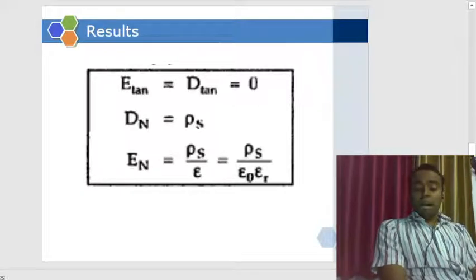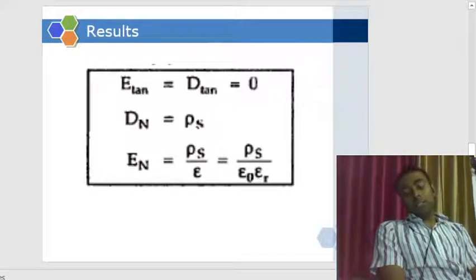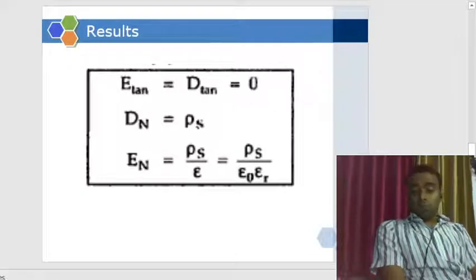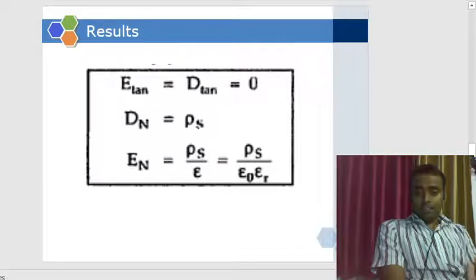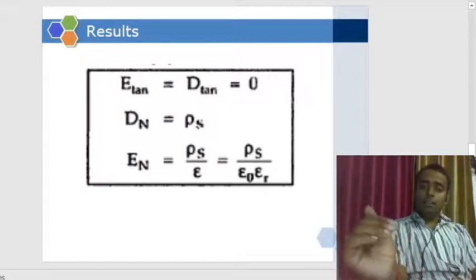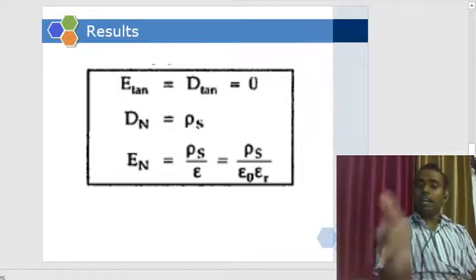So at the boundary the total electric field will become rho S upon epsilon naught, and total D will be rho S. Fine. So for the boundary between a conductor and free space, we get these results.